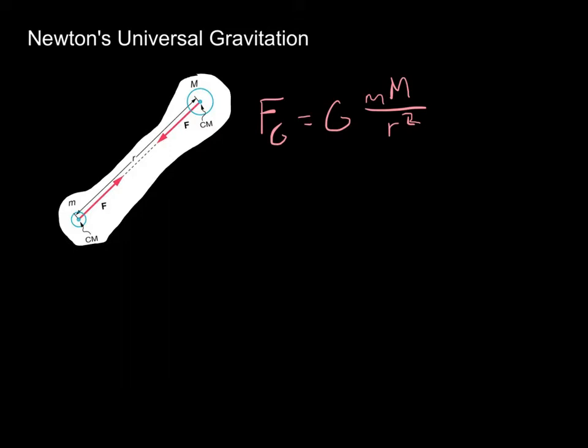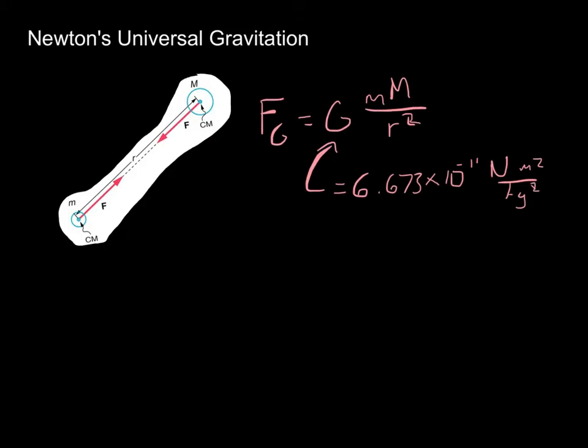So G m M over r squared, this G is our Newton's universal gravitation constant, which is just equal to 6.673 times 10 to the negative 11th Newton meters squared per kilogram squared.